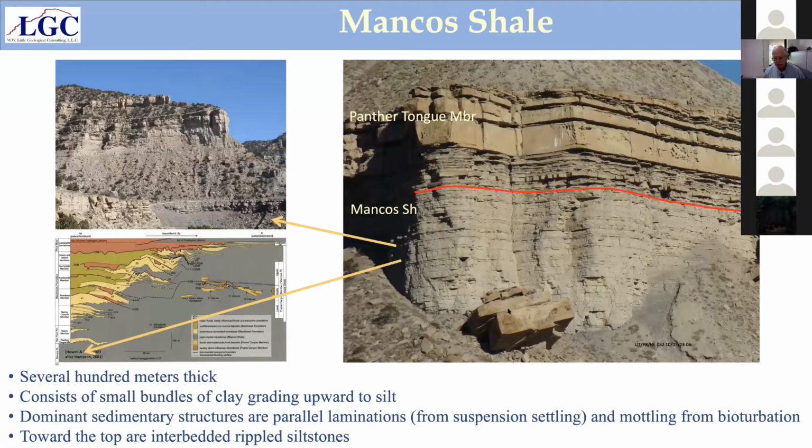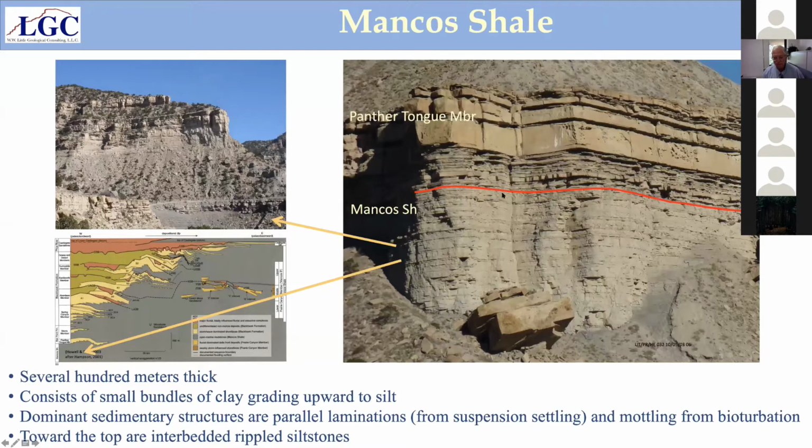Further down, this unit is probably about 300 meters thick. If we drill holes through here, we'd see that down toward the bottom it becomes more and more clay rich. Toward the top, we start to see some silty interbeds.